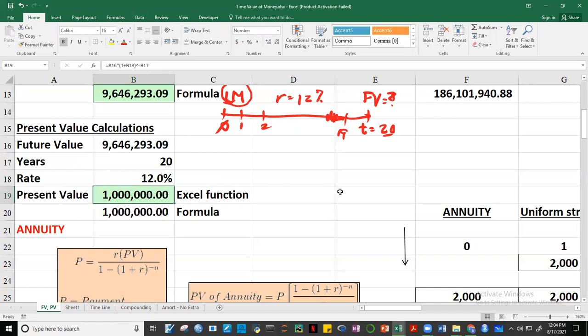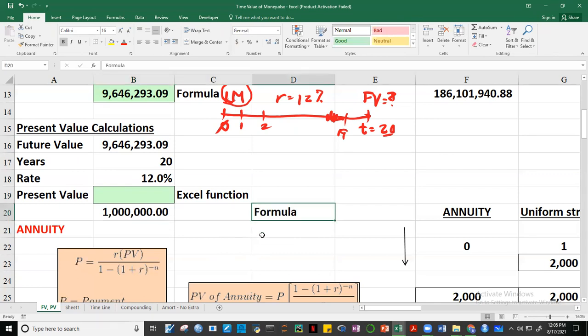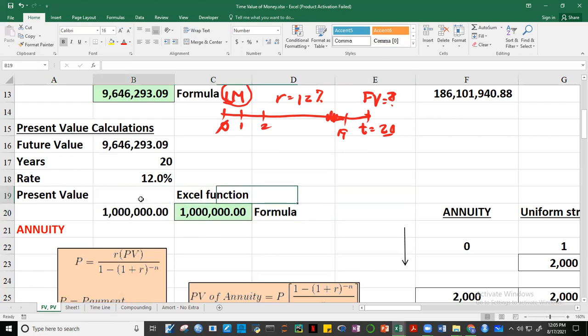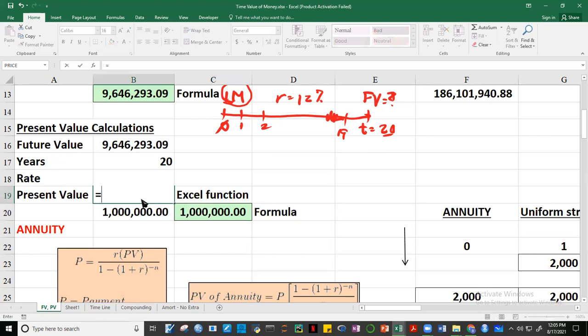Okay, sandali. Lipat ko to dito. Tapos dito is equal to, so Excel function natin, we use the PV function, PV. And I'm going to put negative so that ang answer natin positive din.